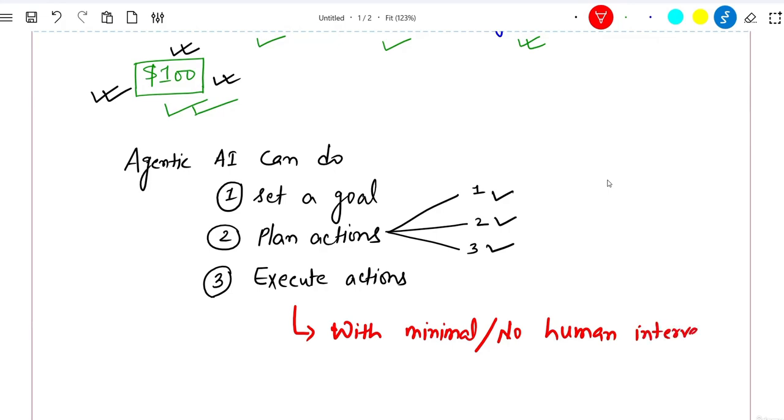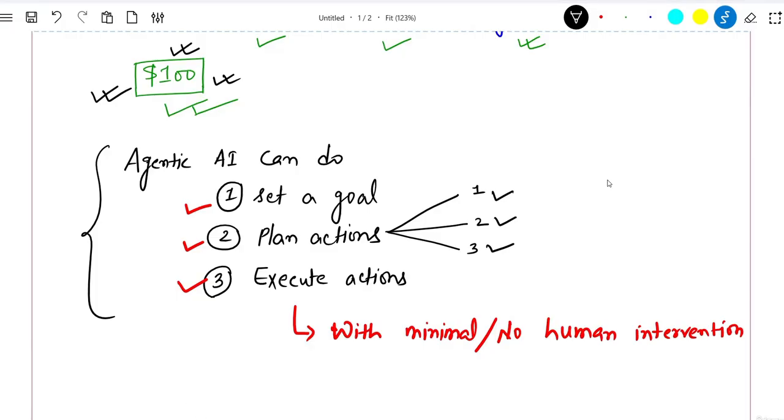If you see what I have written in step 1, step 2 and step 3, setting a goal, planning actions, executing those actions, all will happen with minimal or no human intervention, which means on its own. So the basic definition of agentic AI is it can think, adapt, and evolve on its own.